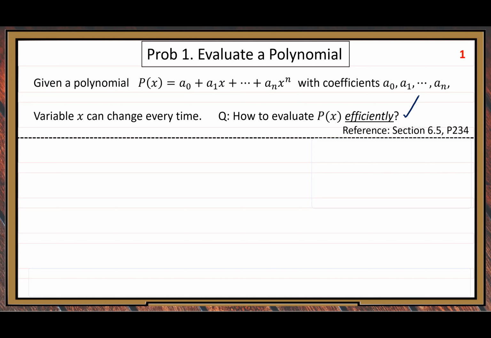Here, I give you the reference in the textbook, section 6.5. So why do I jump so late into our textbook? The first reason: after I finish this topic, I can assign you our programming project number 1.